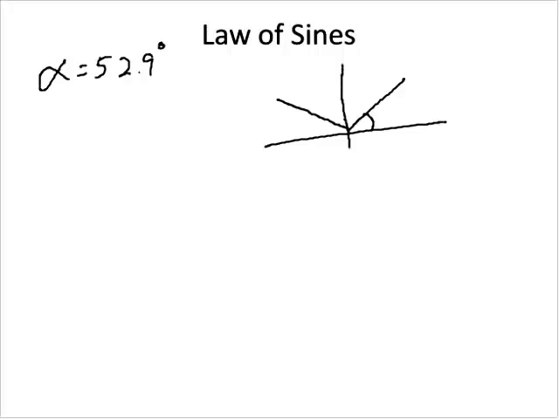But the reference angle for sine inverse is anything in the first or second quadrants. So it could be 52.9 degrees in the first quadrant, or 52.9 degrees in the second quadrant, because that's where sine is positive, right?